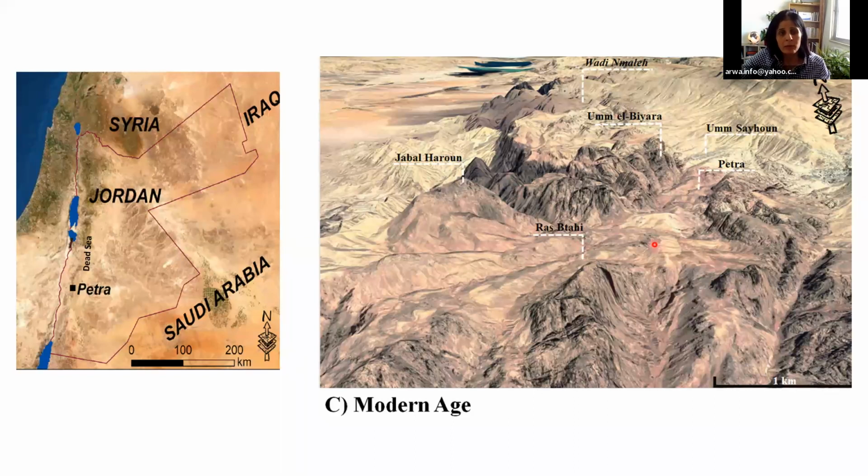But archaeological surveys have shown that human settlements going back to the late Paleolithic period and through the end of the Neolithic periods were concentrated in the high areas of the Petra region, in the mountains or in the highest elevation of this basin.